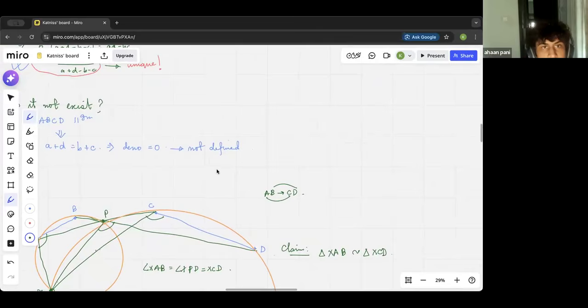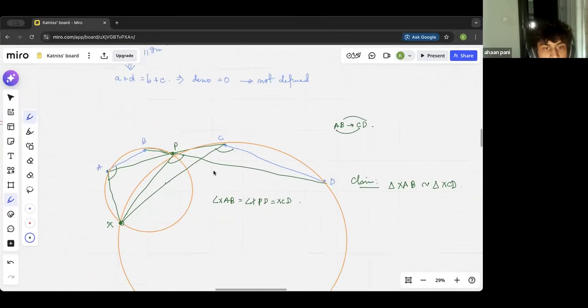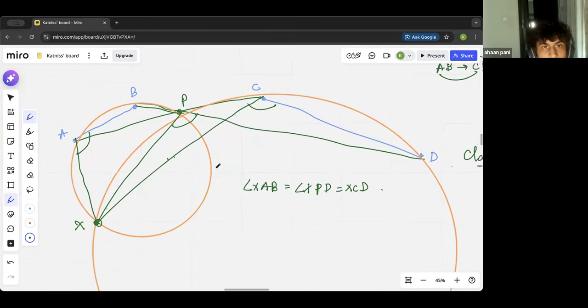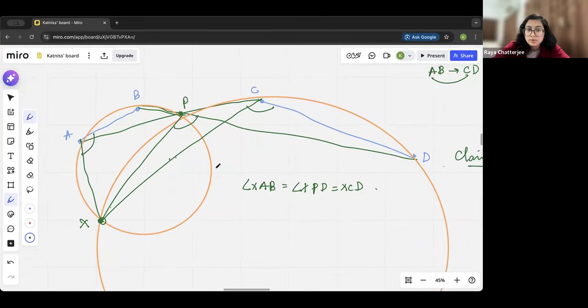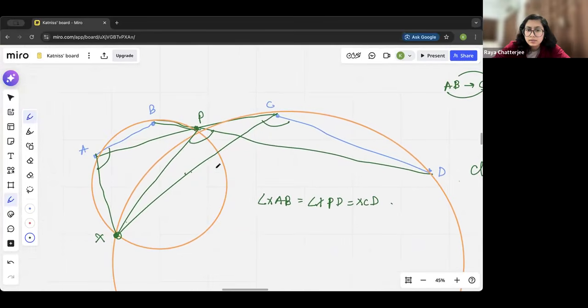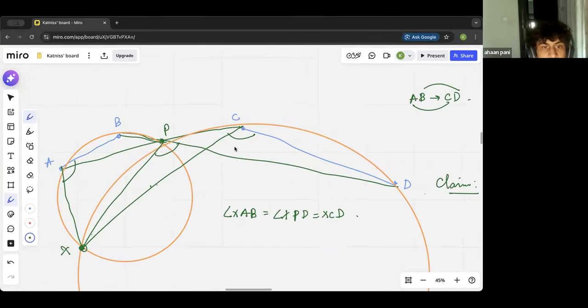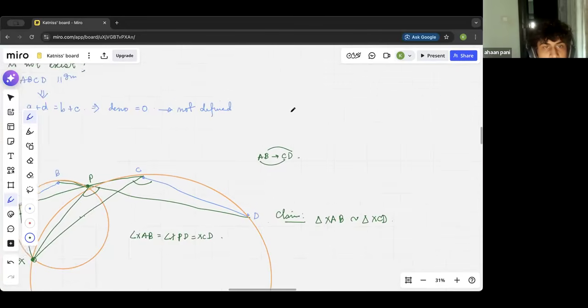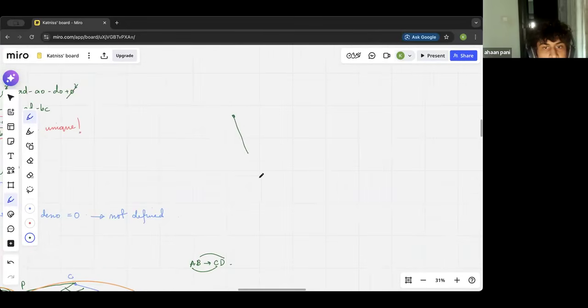I have a question. Yeah, go ahead. What do we do if P is one of the points A, B, C, or D? For example, C lies on AB, then we get P is equal to B. Something like this: A, B, C, D. You're talking about something like this?